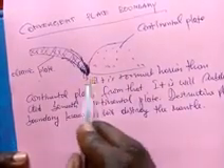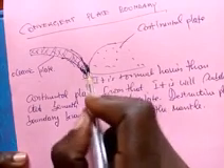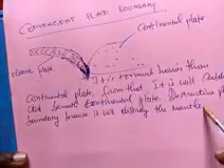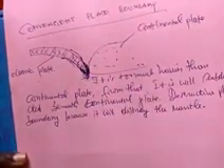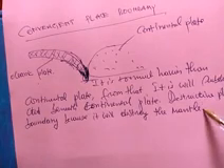Here there is a mantle. This mantle will be damaged. The mantle which is located here will be damaged. That is the reason why this convergent plate boundary is also called destructive plate boundary.